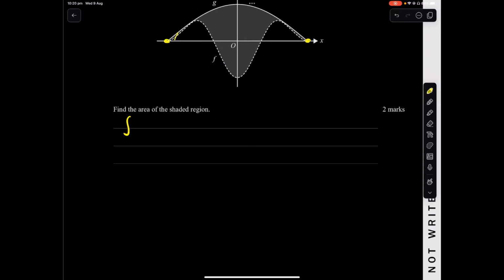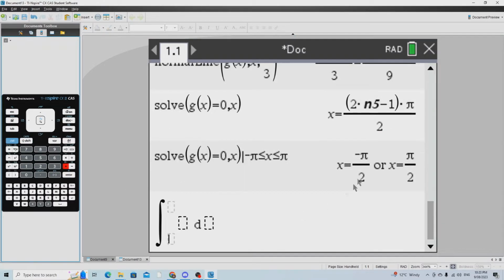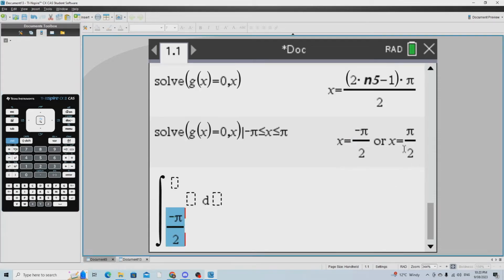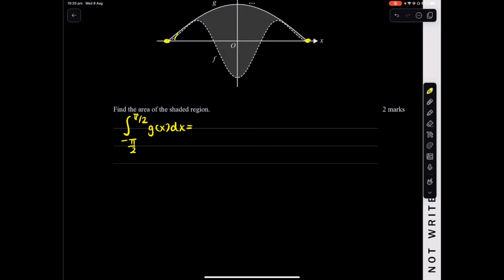So we can say the integral from negative pi over 2, which is the starting point, to pi over 2 of g of x dx is equal to what? If we put this over here, and this over here, g of x dx, that's 4.